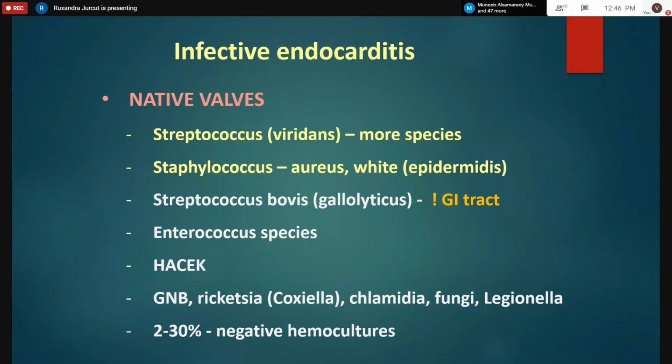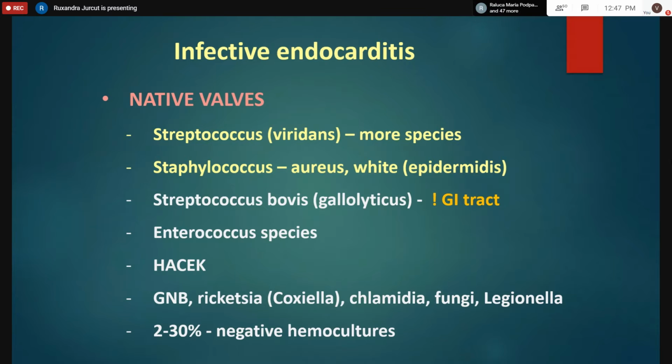Also, depending on what type of valve and of situation we are in, the responsible microorganisms might be different. For example, on native valves, the most frequently seen microorganisms are from the Streptococcus species, mainly Streptococcus viridans, or from the Staphylococcus species, aureus or white.